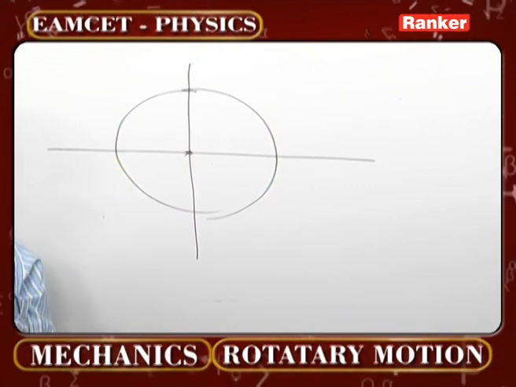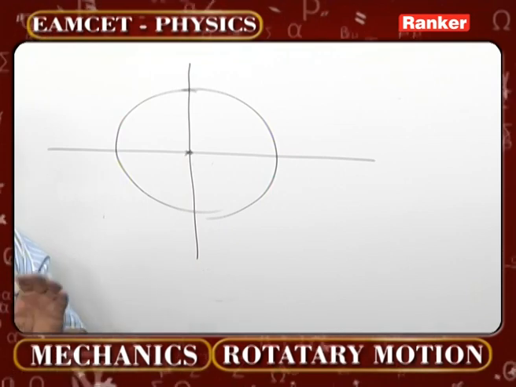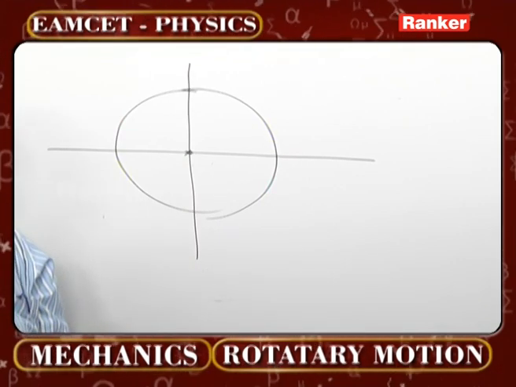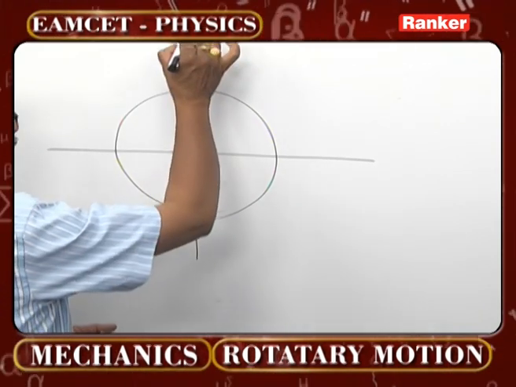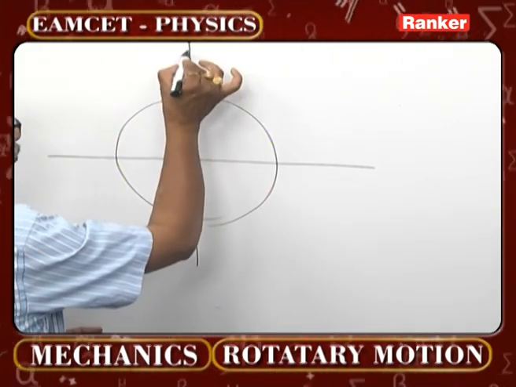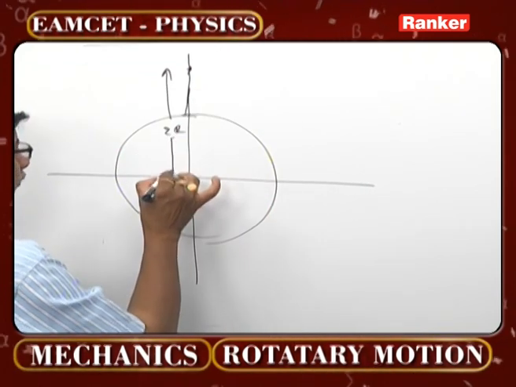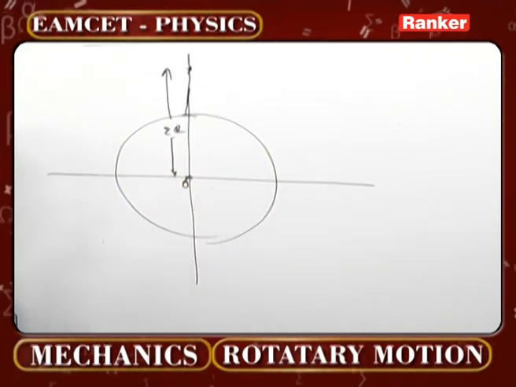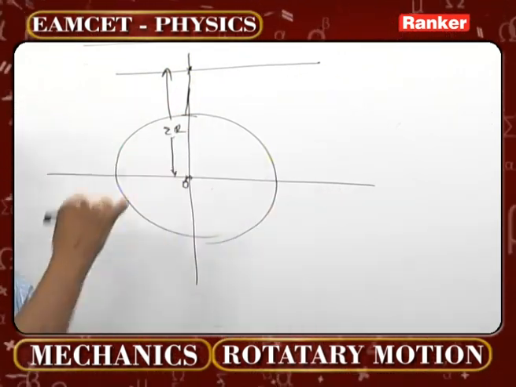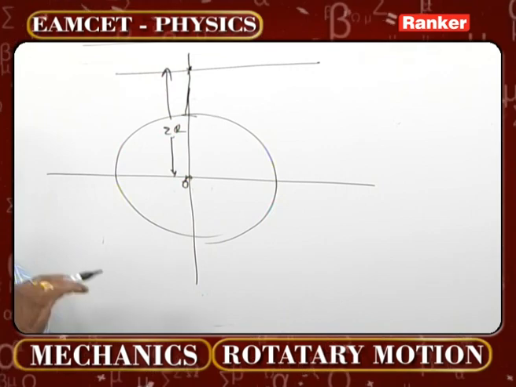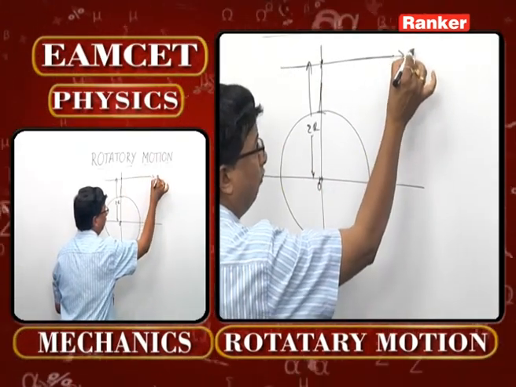On the y-axis, at a distance y equal to 2r. This is the y-axis, you can understand. There is a point which is at a distance 2r from the center. What is the axis? The axis is passing parallel to the x-axis. That is what has been given.